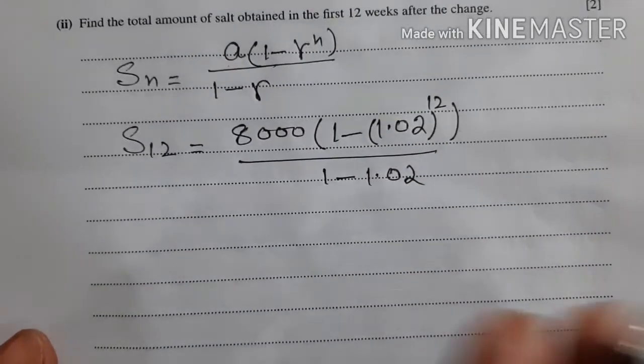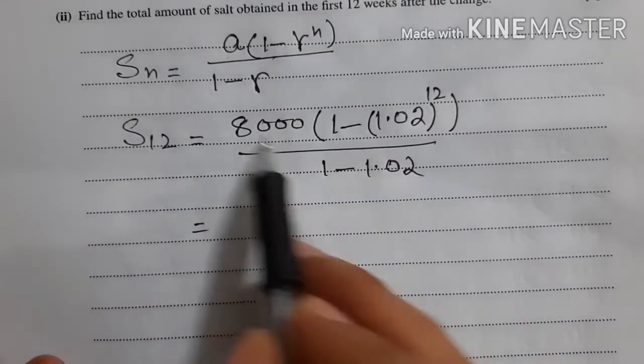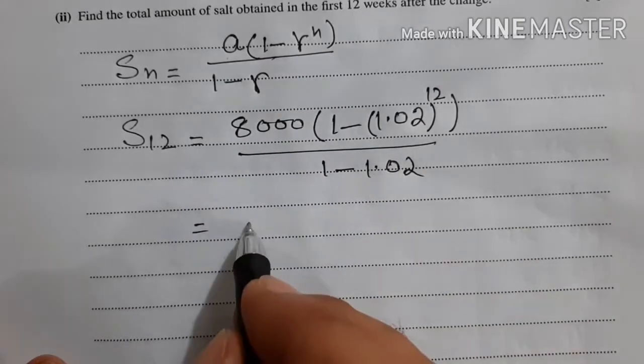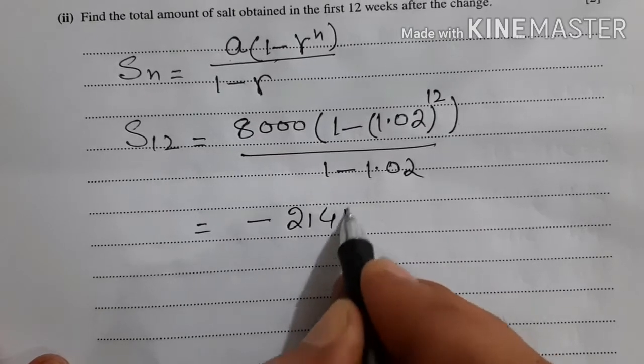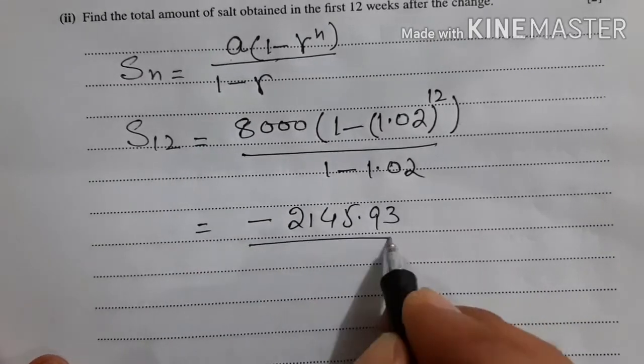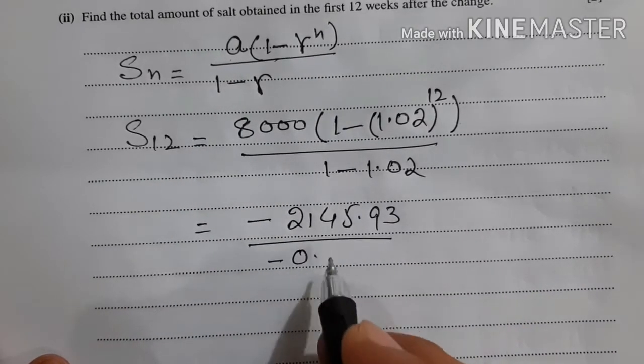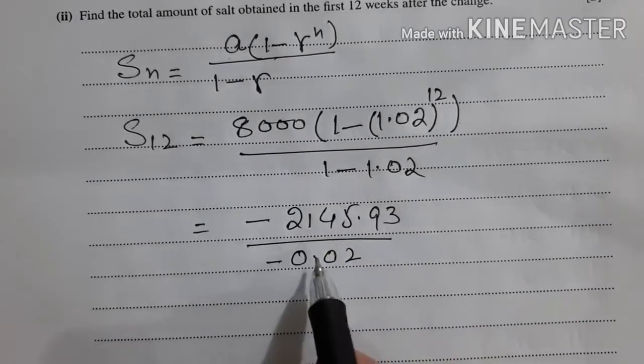Okay, so this whole thing will become by the calculator minus 2145.93 over minus 0.02. So 1 minus 1.02 is minus 0.02.